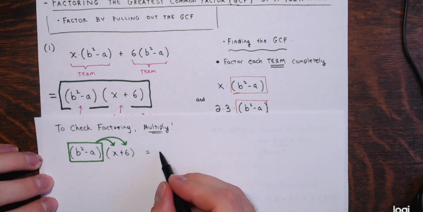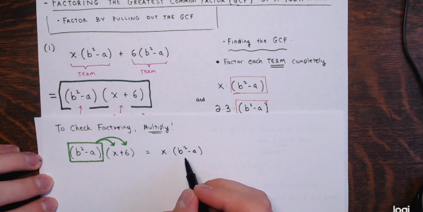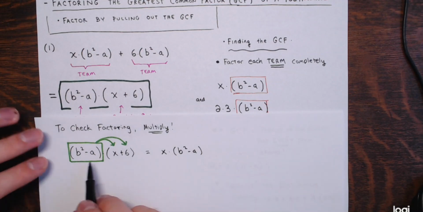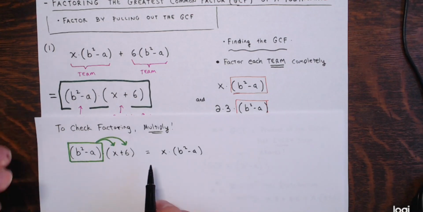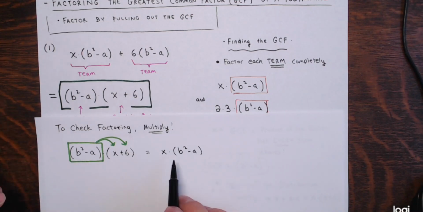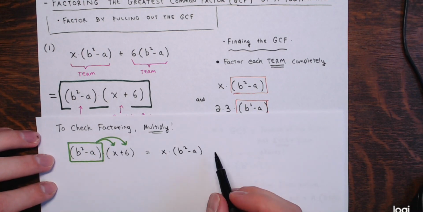And this would be equal to x times the quantity b squared minus a. And notice that it doesn't matter what order these come in, because multiplication is commutative in the real numbers. All these variables represent real numbers, and it doesn't matter what order you multiply real numbers in, you get the same result. So bear with me if I'm changing order.